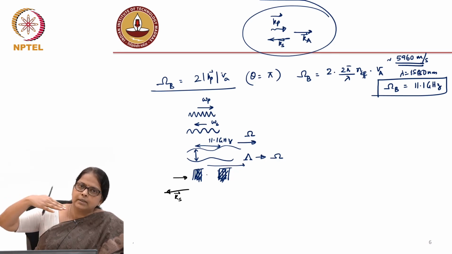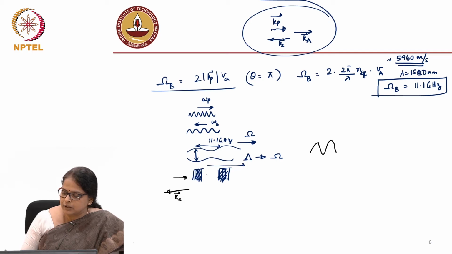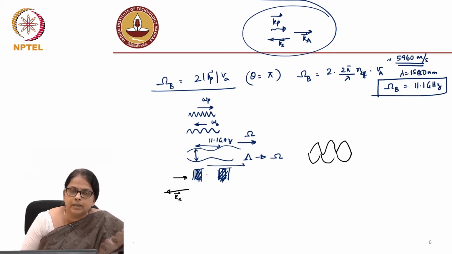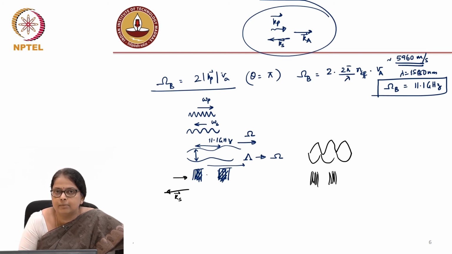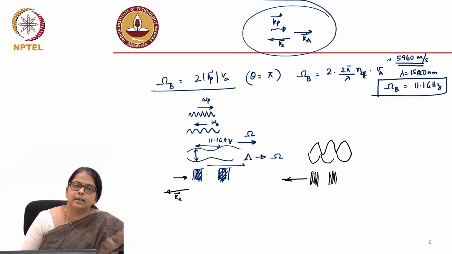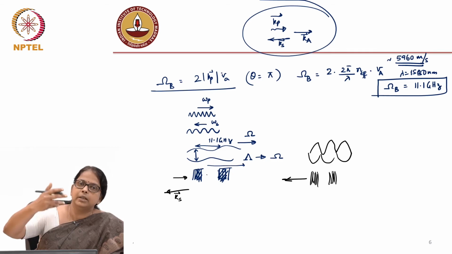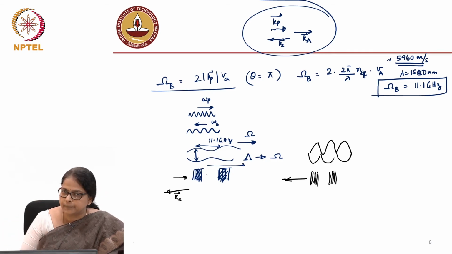And because the Stokes is generated with more strength, the beat becomes stronger, the depth of modulation of the beat increases. This means the contrast of the grating becomes much larger. It becomes a stronger grating, and so your Stokes starts increasing in strength. So this is how the process emerges from a spontaneous process to a stimulated process.